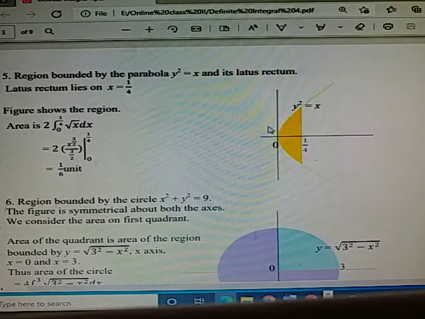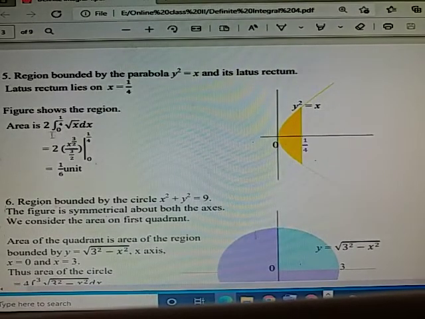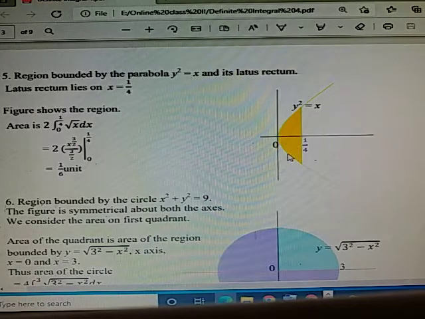In a similar way we are finding this value, but our limit, in the previous case it was from 0 to 1, this time is from 0 to 1 by 4. So we find the area bounded by y is equal to root over x, x varying from 0 to 1 by 4, and then double it and we will get the whole area.